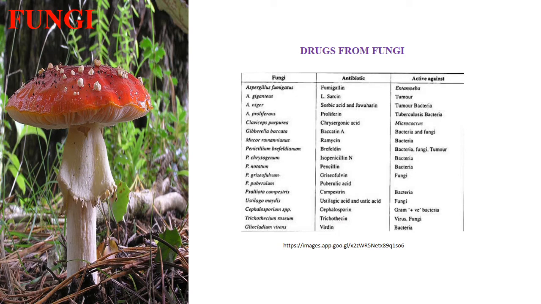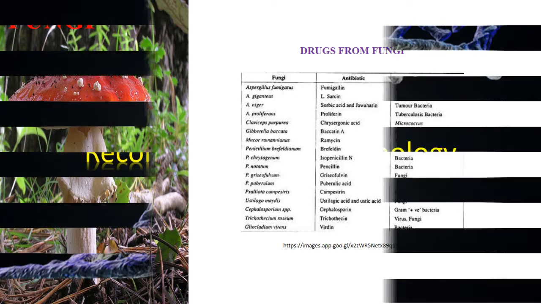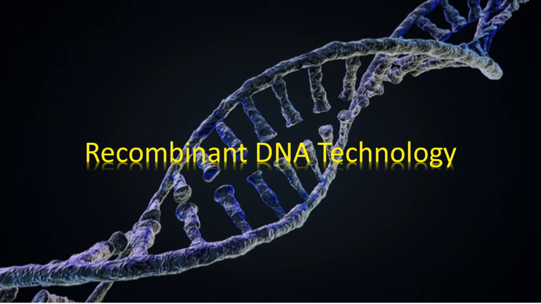And the next source is recombinant DNA technology. That is, in our lab, we are cloning two different DNA fragments from different species. DNA from different species have been combined to form a new DNA fragment.